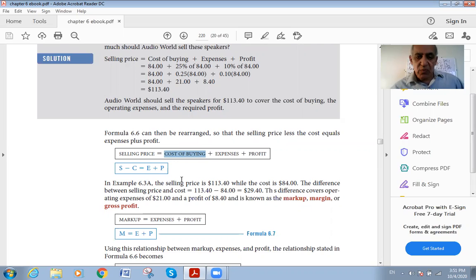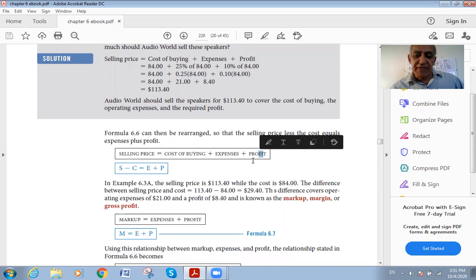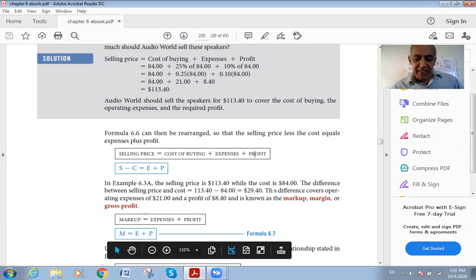Great. What will happen then? Then selling minus the costs will equal expenses and profits. I will make it in the board so it will appear for you guys clearly. Let us go to the board back and see how it works.